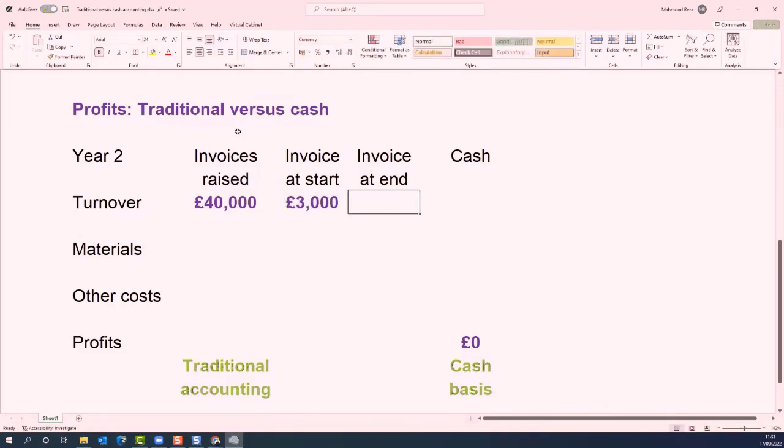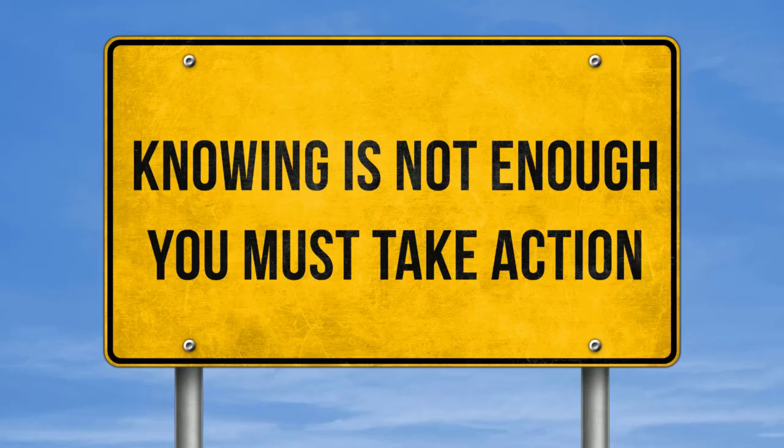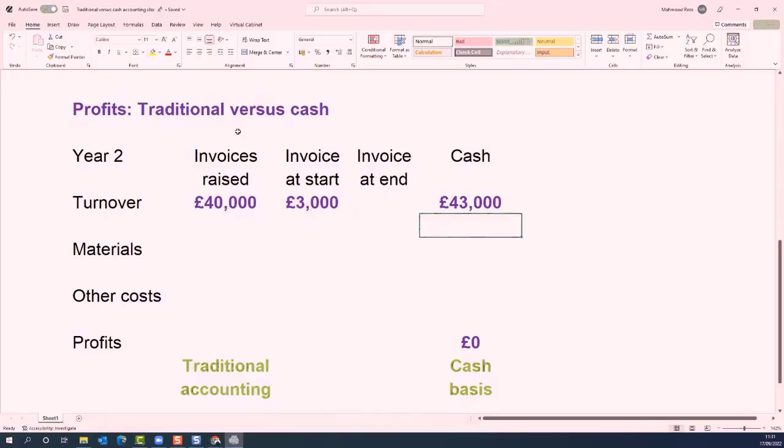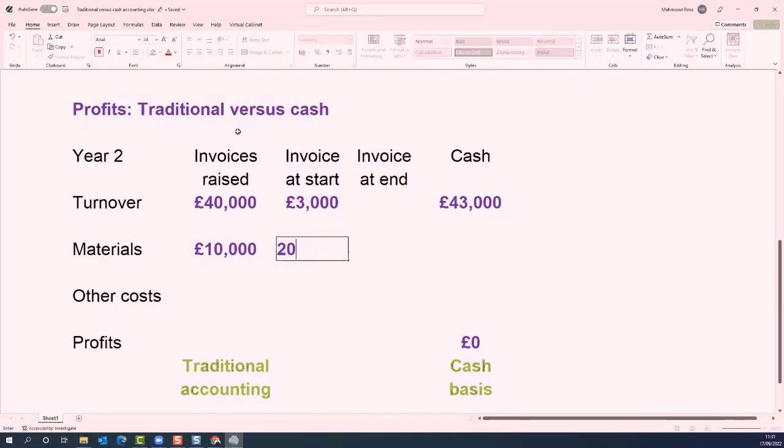We'll assume nothing outstanding, by the way, for this particular trader. Therefore, the cash received is the 40 plus the invoices of 3. That gives us 43,000. Material purchases have been the same, 10,000. Under cash accounting, we didn't include the 2,000 that was owing from the previous year. That's now got to be paid in this year.